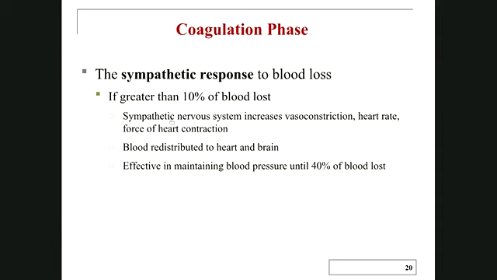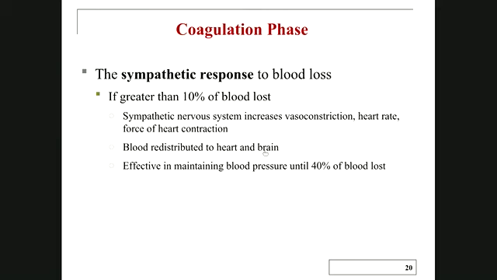The sympathetic nervous system increases vasoconstriction, heart rate, and force of heart contraction. And it helps the blood to come to our heart and brain more. So it brings the blood from the site of injury to our heart and to our brain.